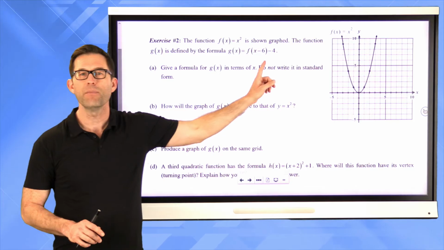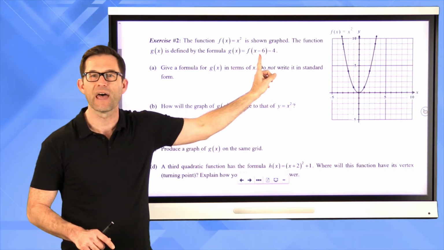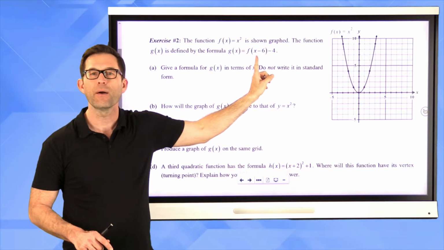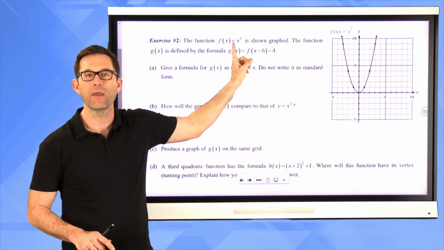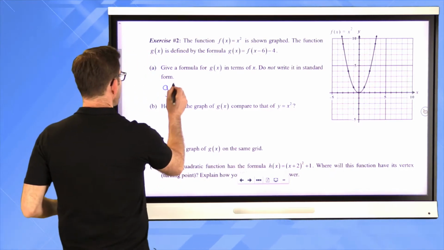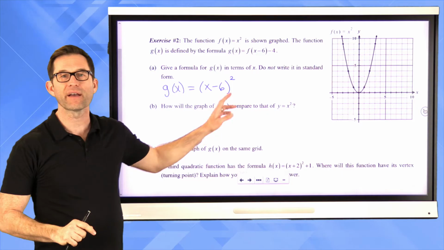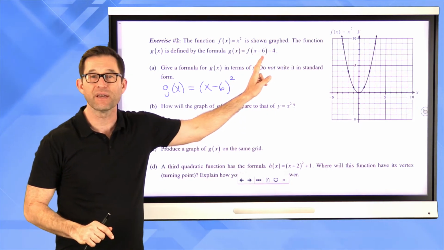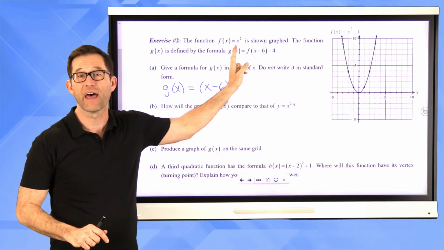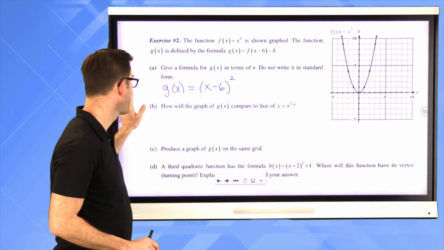Again, keep in mind, forget about the minus 4 for a second. If I just said g of x equals f of x minus 6, then I want to put an x minus 6 anywhere there's an x in this formula. Now, what will that give me? That will give me x minus 6 squared. So if g of x was just f of x minus 6, and f of x is x squared, then g of x would be x minus 6 squared.